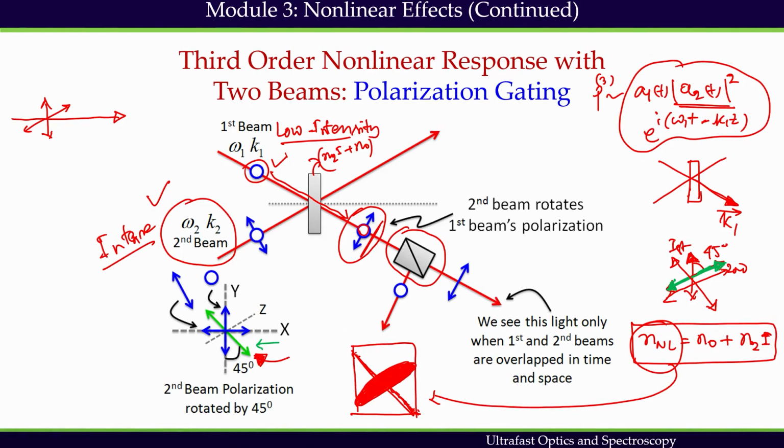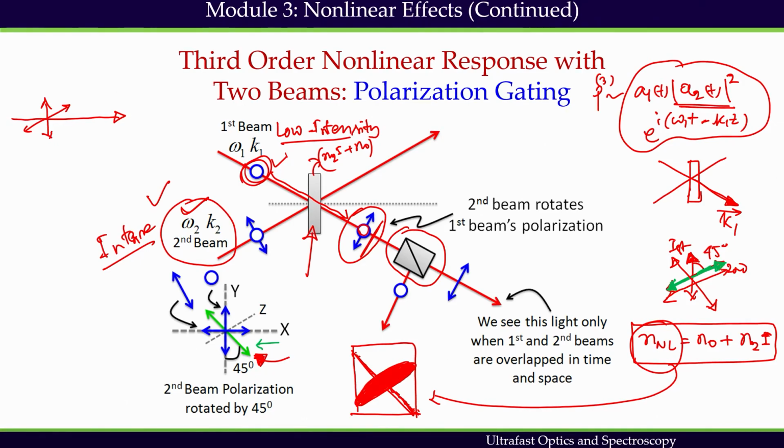Then the medium transiently acts like a wave plate, an optical device which is used to rotate the polarization, and rotates the polarization of the first beam. So this medium behaves like a wave plate at a particular intensity of the second beam, and that's why it can rotate part of this input beam, first beam, by 90 degrees, and we can now separate it.